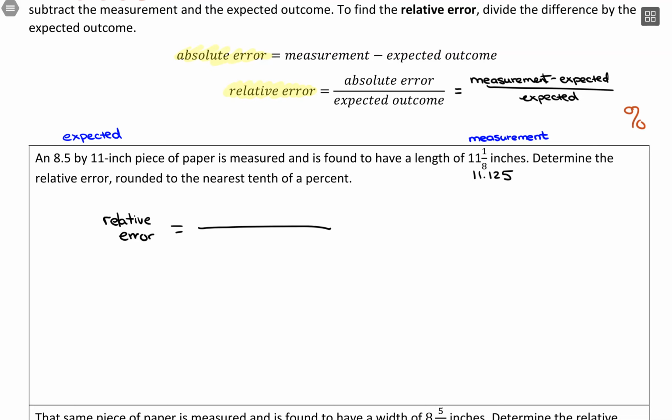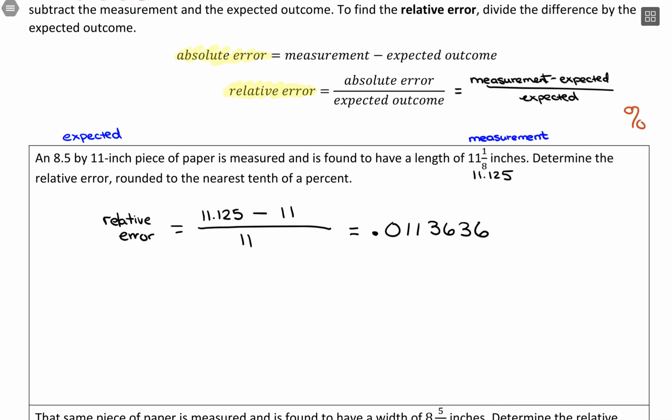So we take our measurement, 11.125, minus the expected, which is 11, all divided by 11. And we just plug that into a calculator. The calculator gives us a decimal, 0.0113636. And that's our decimal form.